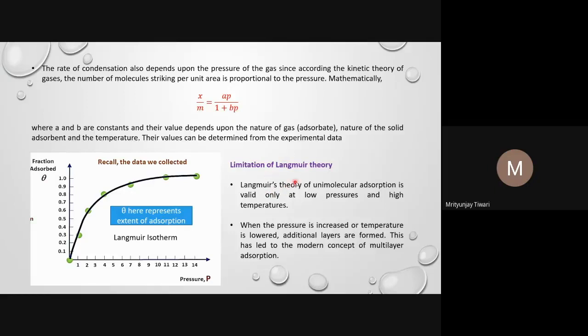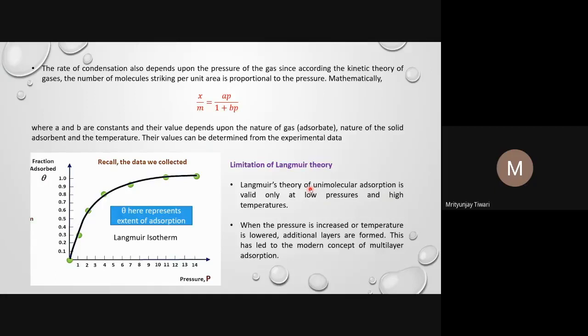But the Langmuir theory also had limitations, particularly because he assumed that unimolecular adsorption only happens when a gas interacts with the surface. What we usually see is that unimolecular adsorption happens only at low pressures and high temperature.